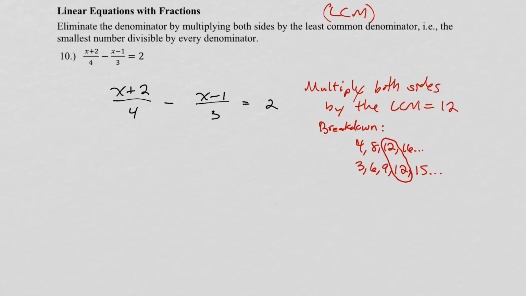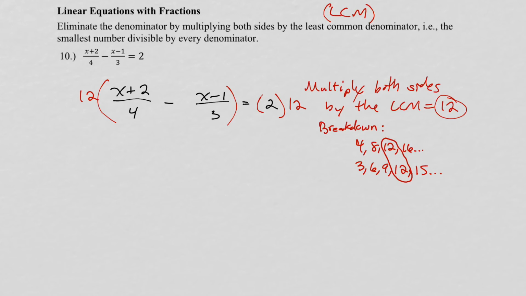Really, you just think of both 4 and 3 divide into 12. Okay, so we're going to use 12, and we're going to multiply both sides by 12.